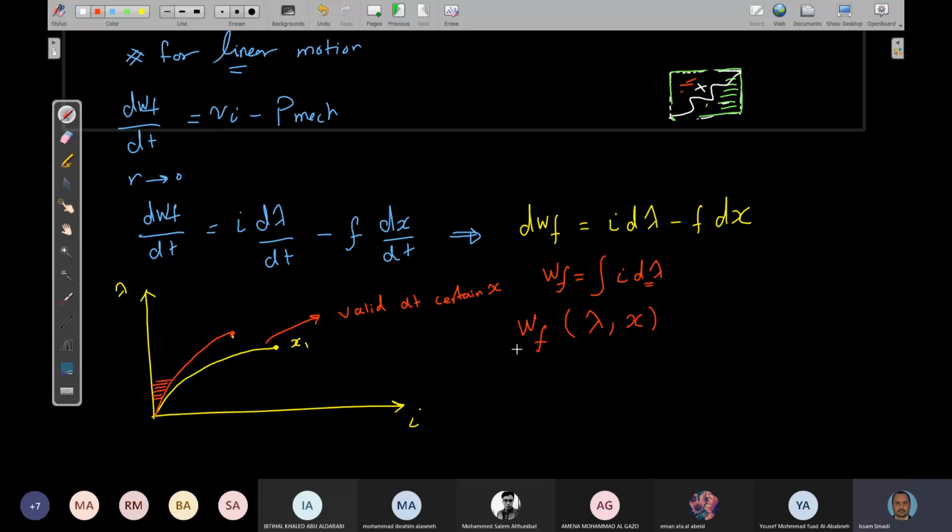So this means that the field energy is a function of lambda and x. Correct? So that's great. We know that omega f is a function of lambda and x.